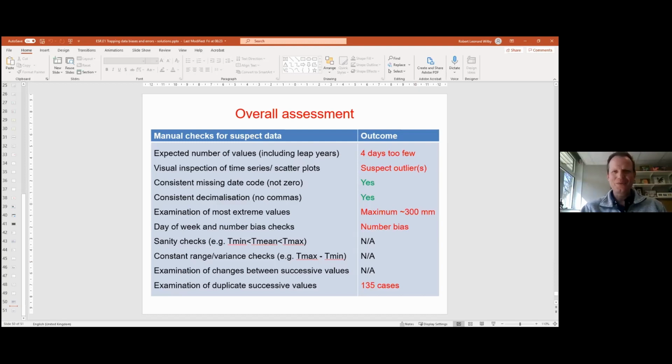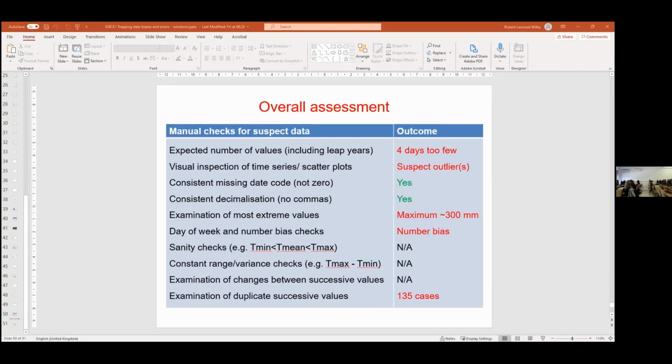Question to you all. What's your overall assessment? Use the data set very carefully. Use the data set carefully. Yeah. So we could do a little bit more to clean it up, but I hope you saw that this was a useful exercise. So many of you will be using data sets, as I say, that others have prepared or in the public domain. And this is just an example.